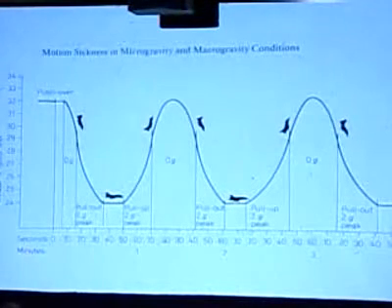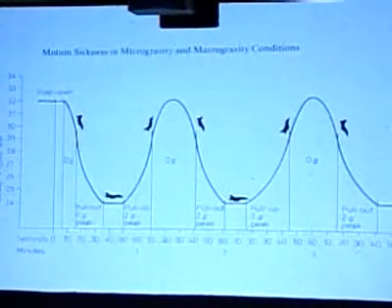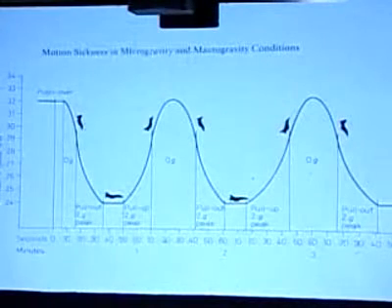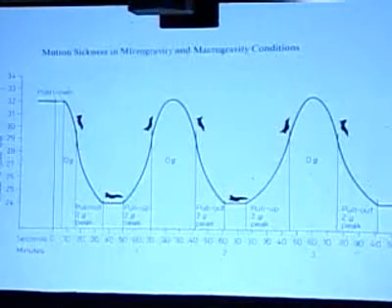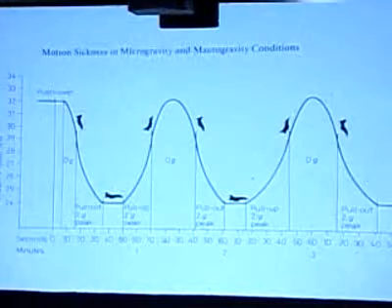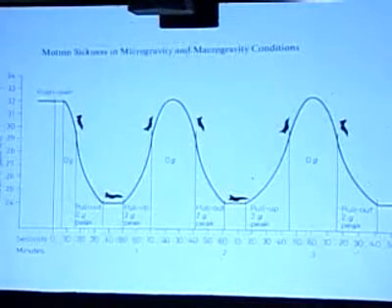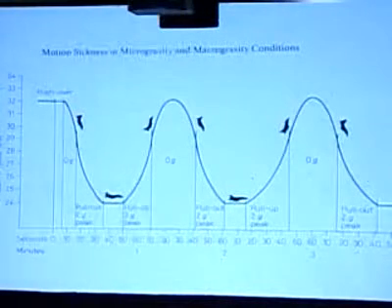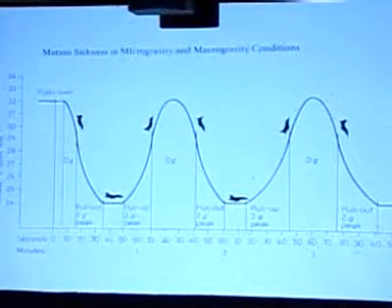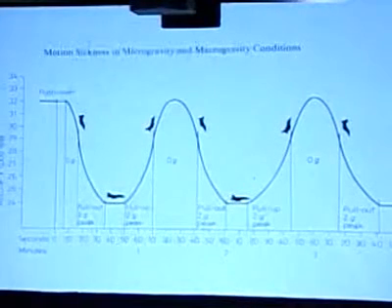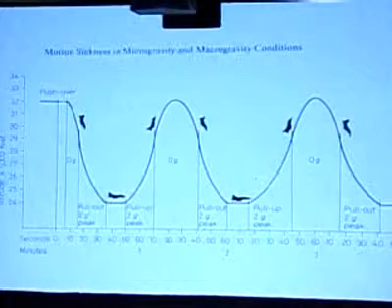Now, the irony has it that the reason why these flights are done is to study motion sickness under weightless conditions. Astronauts were complaining about motion sickness. And so Professor Young and Oman have done lots and lots of experiments with airplanes, and later also in the shuttle, to study this motion sickness.